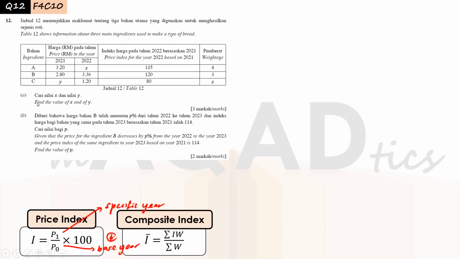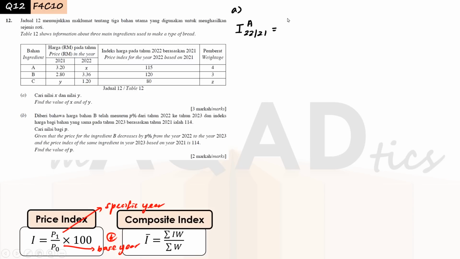Now in part A, we need to find the value of X and Y, which is here. We have the price index ready, so we can just use this formula to help us. Alright, so let's find the value of X first, which is the price for ingredient A. Let me use this notation. This will be the price index of ingredient A on year 2022 based on year 2021.